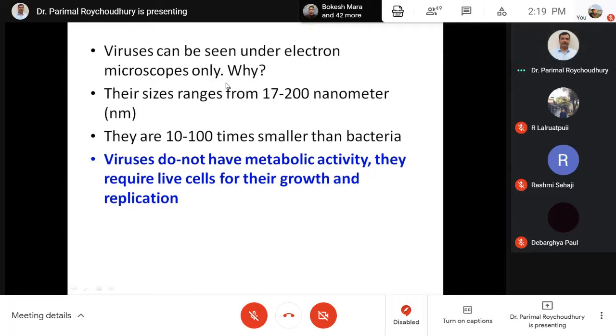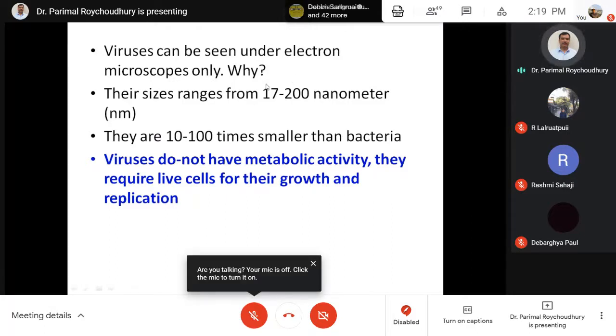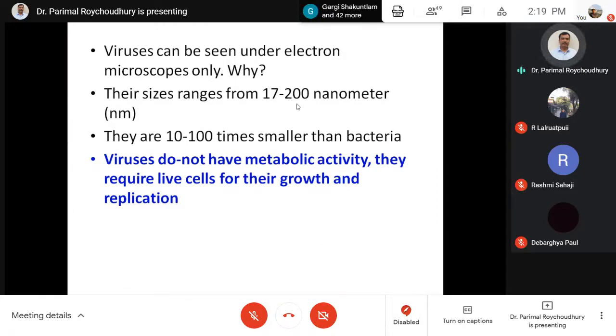We need an electron microscope with high resolving power. The smallest are the circoviruses, around 17 nanometers in size. The biggest of our important ones, the poxviruses, are 250 to 300 nanometers.